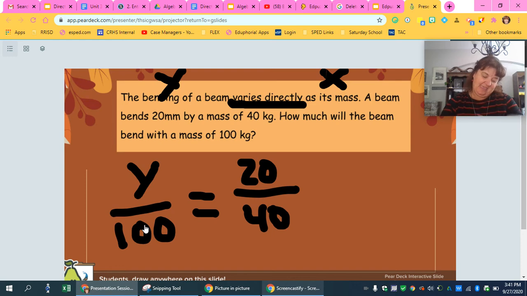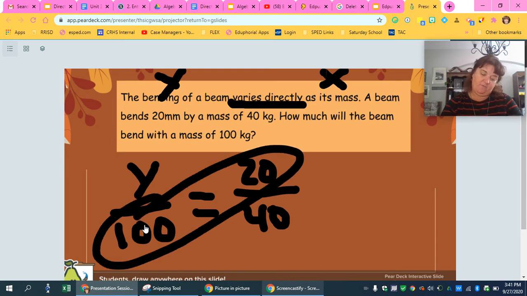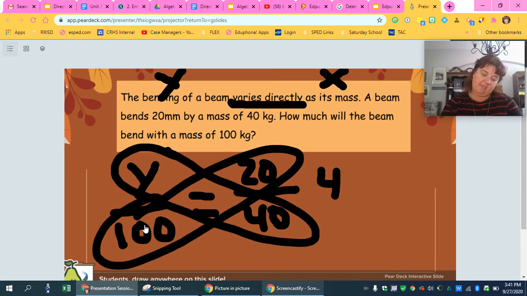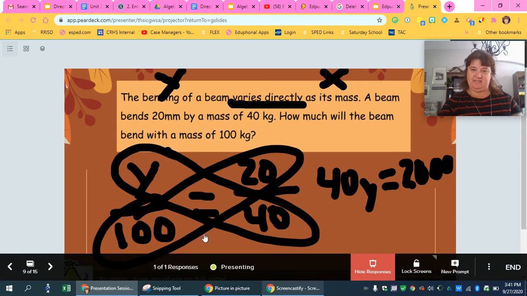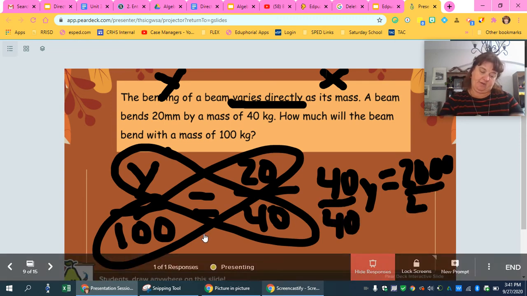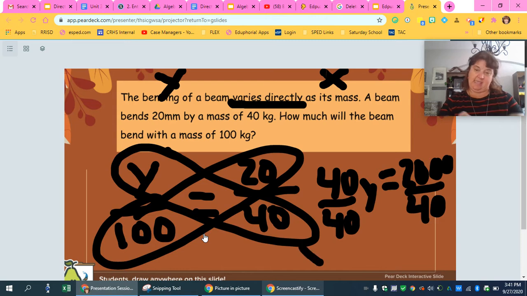Here we go. 40y equals, I bet you guys could do this one in your head, 2, 0, and then 2 more zeros, right? 20 times 100. We put the 20 and add 2 more zeros. Now we're going to divide by 40. Y equals, what does y equal?